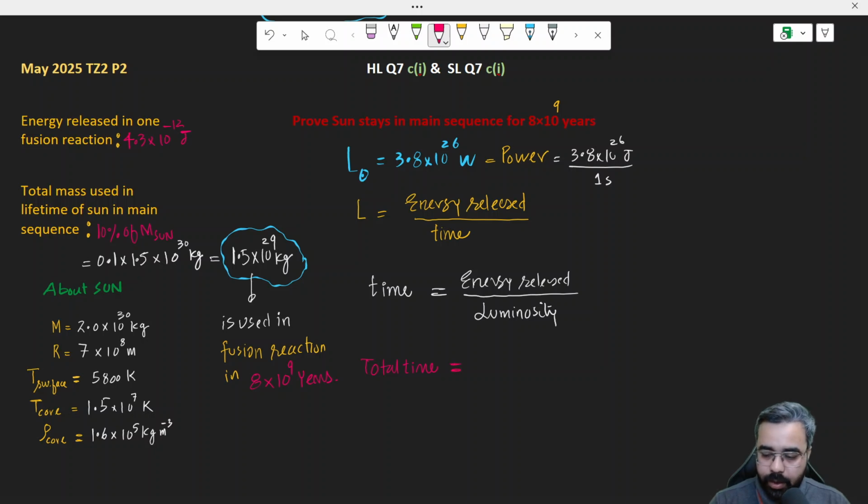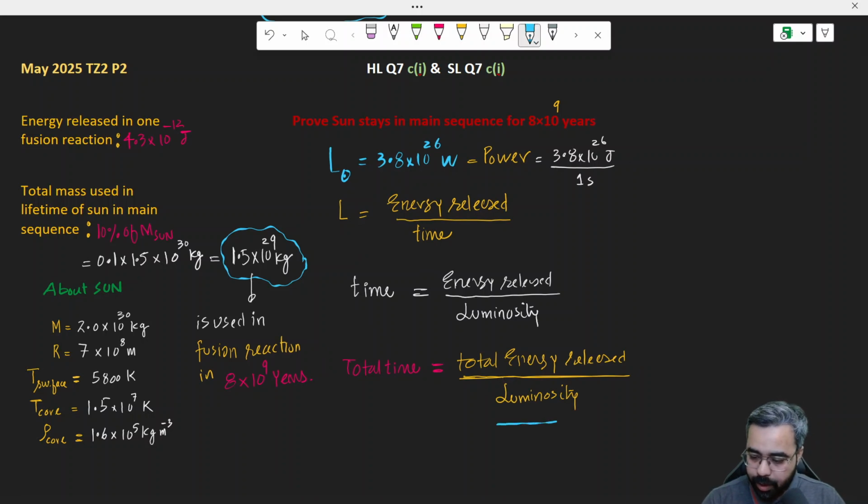This total time, dear students, will be equal to the total energy released, not in one reaction, but in the whole lifetime in the main sequence, divided by the luminosity, and we are supposing here that the luminosity is constant. So this is now our main equation. Ultimately, we will put the values in this equation. Now let's see the logical flow.